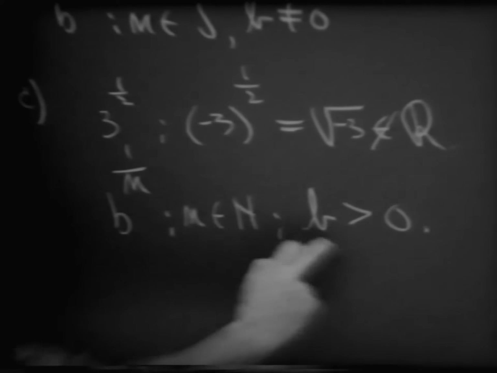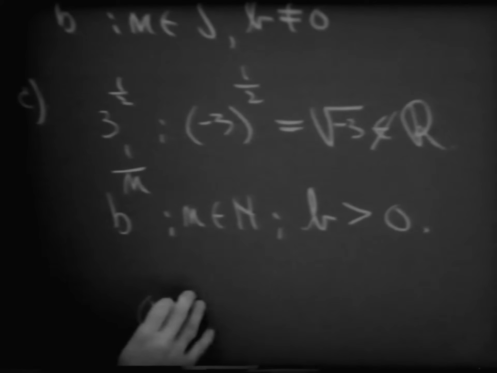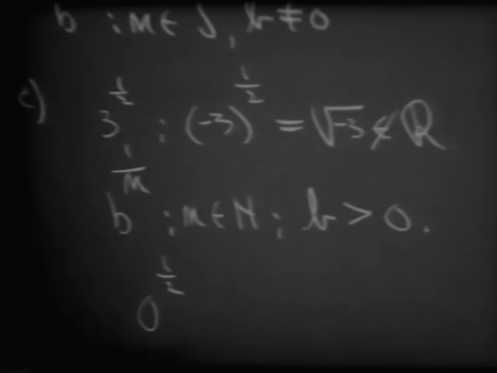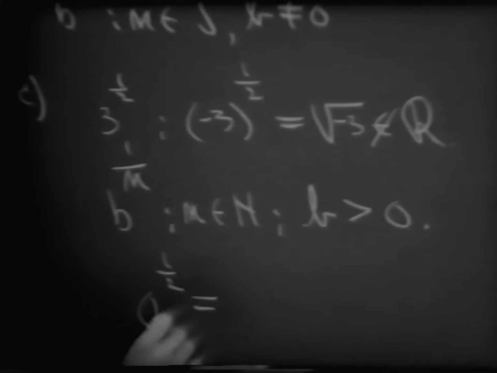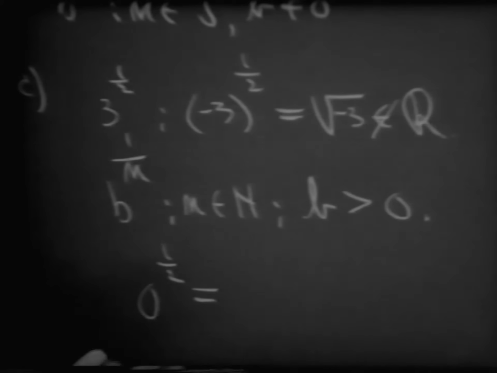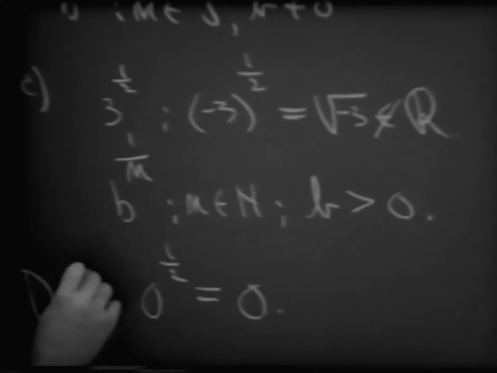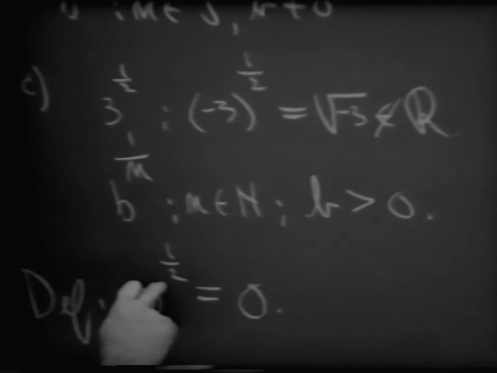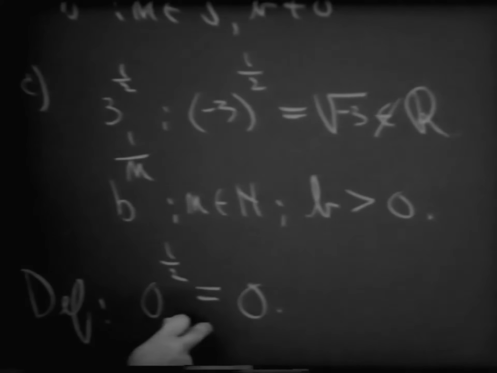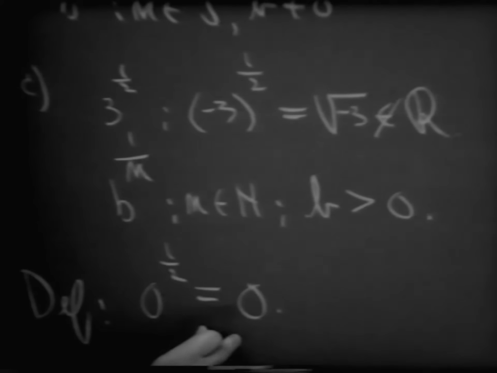Negative number. B cannot be negative. So in this case, let's put our restriction that b is greater than 0. Okay? Now, in fact, I think we can define a number such as 0 to the 1/2 power as being equal to what number? You would like to say that this is equal to 0 itself. And I think we may define this as 0 to the 1 over r power is then going to be the number 0 itself.